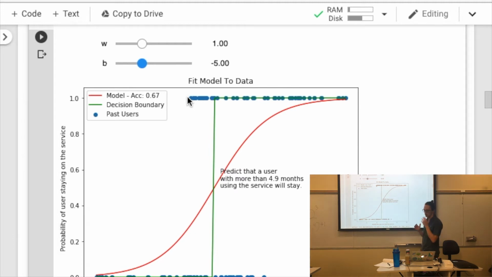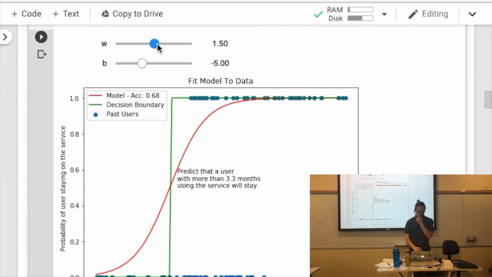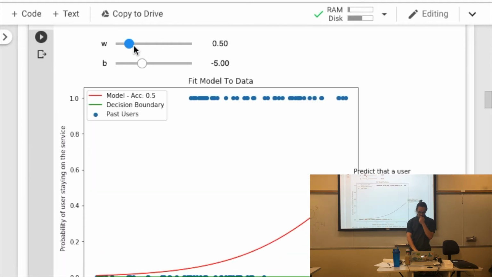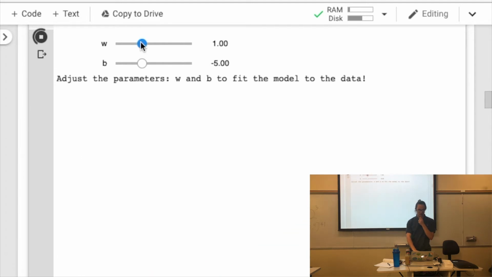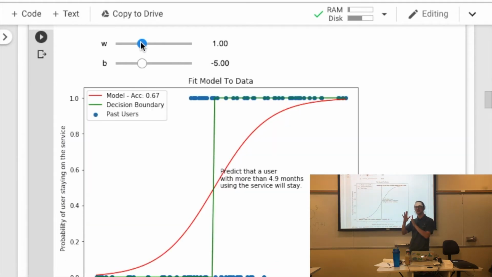You can play around with the W and B's yourself. Notice what happens when you change the W. The red line can squeeze and spread out, and it can also change location.